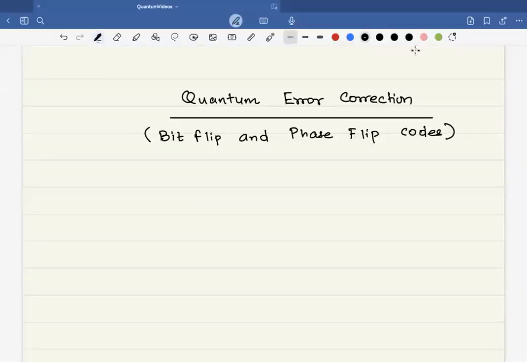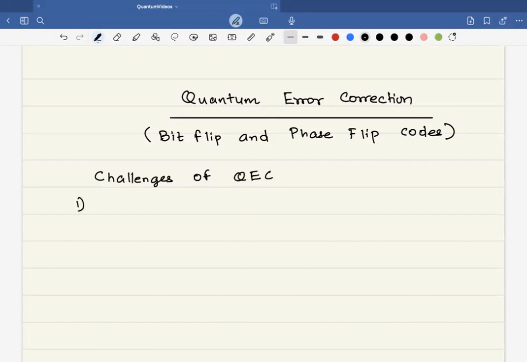So we'll move on to quantum error correction now. There are several challenges in quantum error correction. So what are the challenges of quantum error correction?